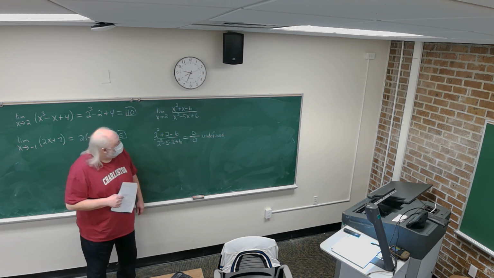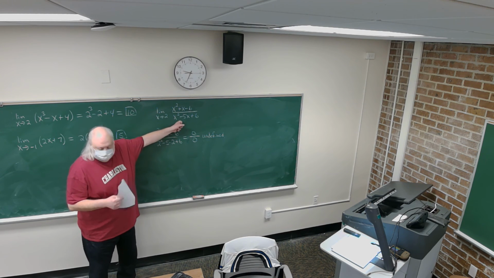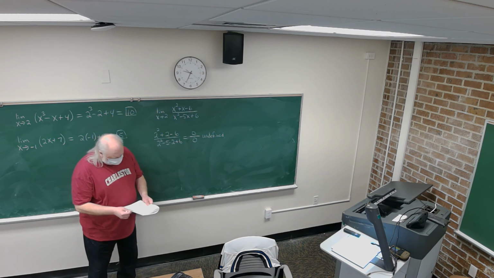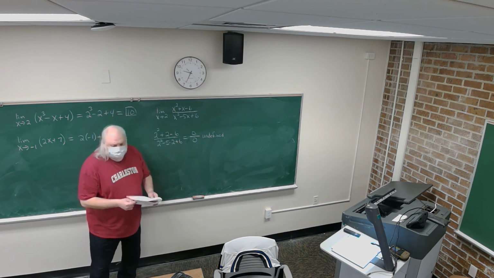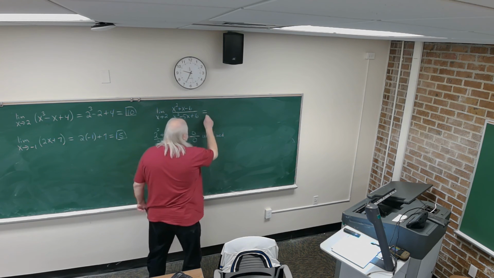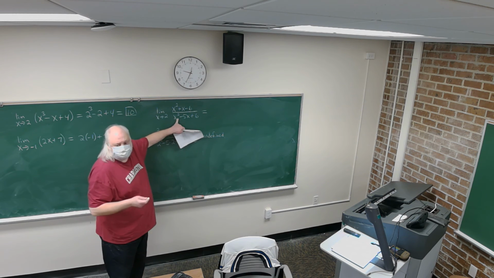Okay. So we simplified this rational expression back on page 2 of your notes. It was the first one we did on page 2. I intentionally separated simplifying the rational expression from finding the limit.